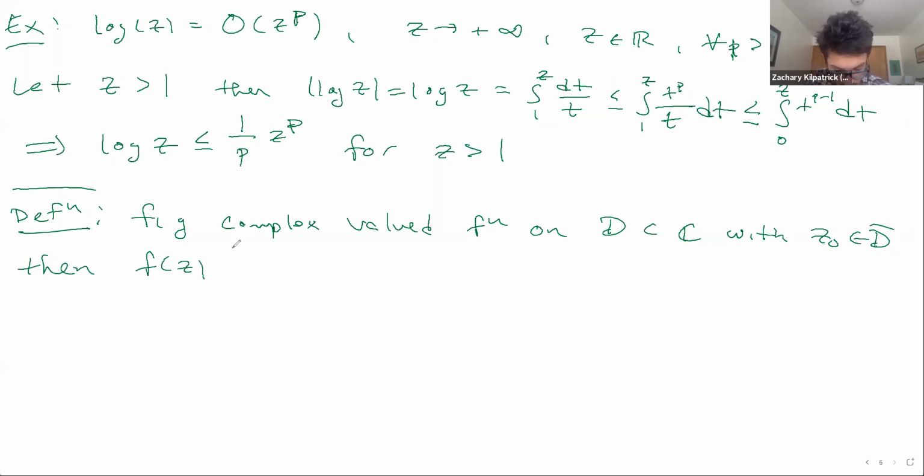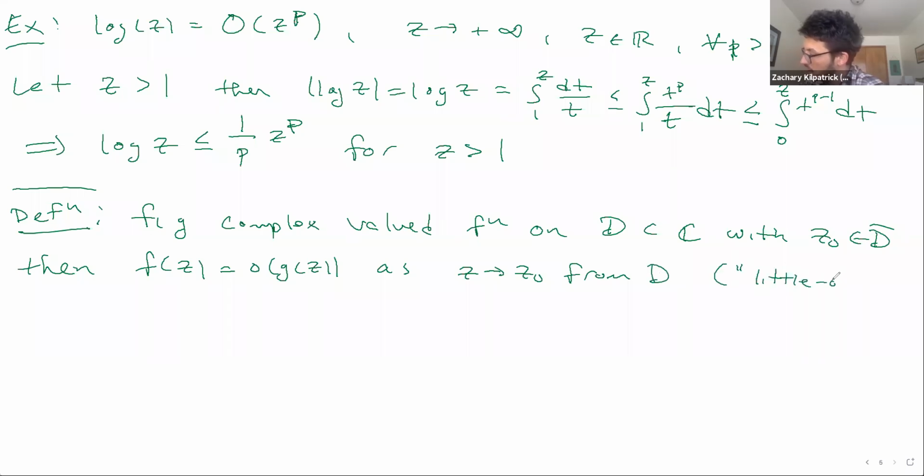Then f of z equals little o of g of z as z goes to z0 from D, okay, and we call this little o notation.